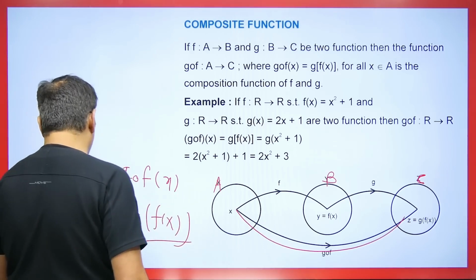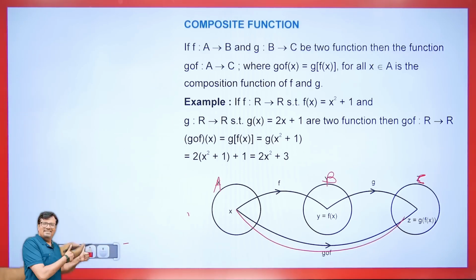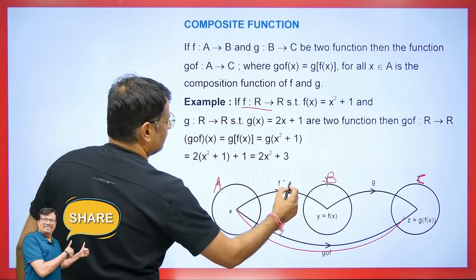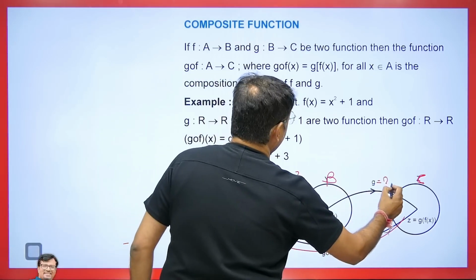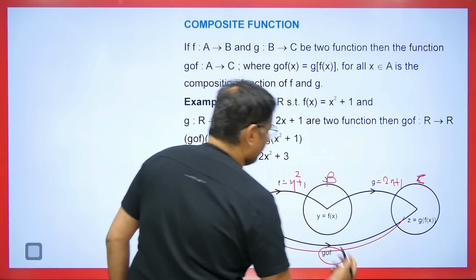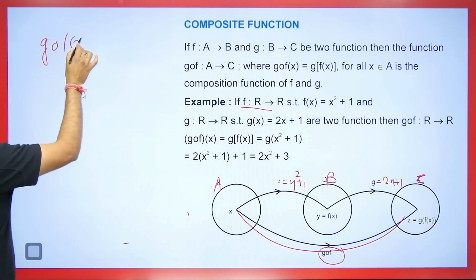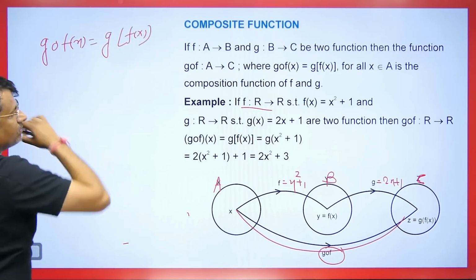For example, let's say we have a function f from R to R, where f(x) is x square plus 1, and g(x) is 2x plus 1. The question here is, what is the value of g o f? How do we calculate the value? Now pay attention. g(f(x)), what do we have for f(x) here?